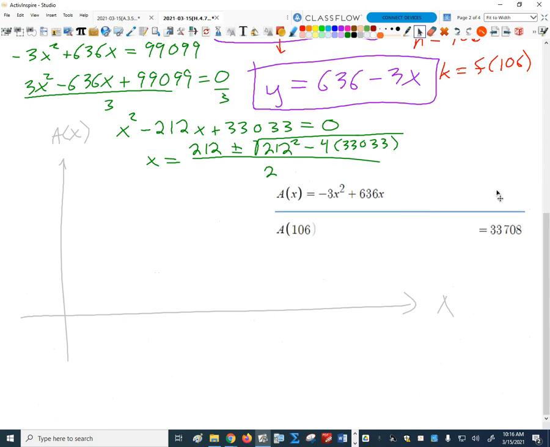Okay, so then there's our output. We know the coordinates of the vertex are at 106, 33,708.